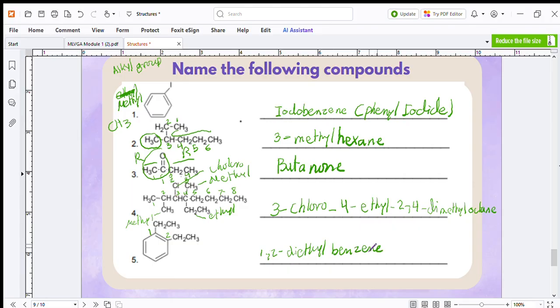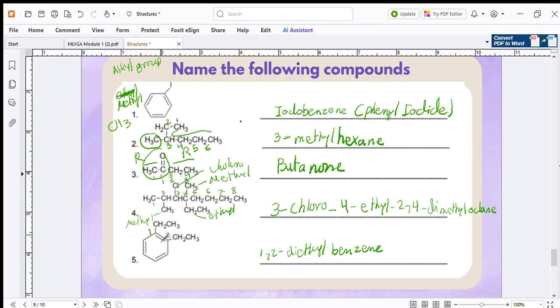There's another naming as we go back. Meron po tayong ortho, meta, and para. So as we see here, ito po ay ortho kasi wala pong carbon between nilang dalawa. Sa pagitan nila wala pong carbon. So ito po ay ortho.